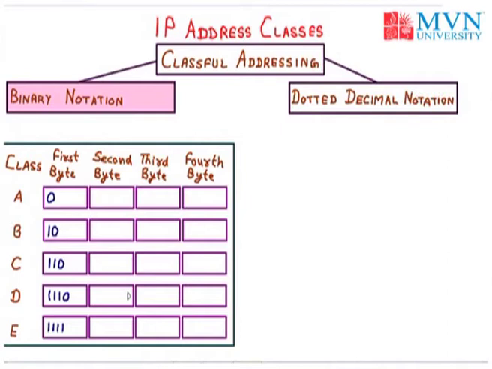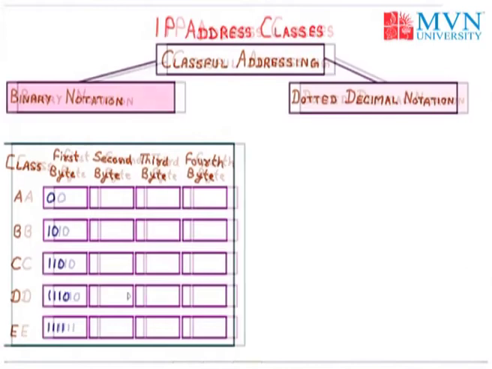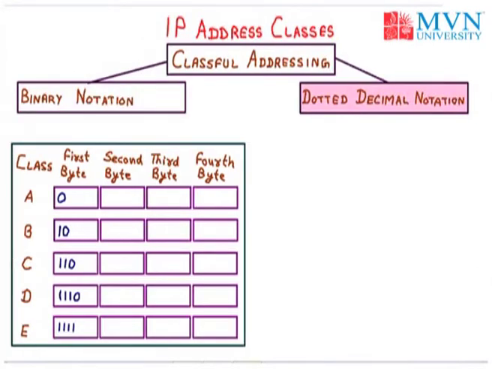Now come to the dotted decimal notation of classful addressing. This is also part of classful addresses. It is again divided into 5 parts, A, B, C, D and E class, same as the binary notation, but the first byte will be different.